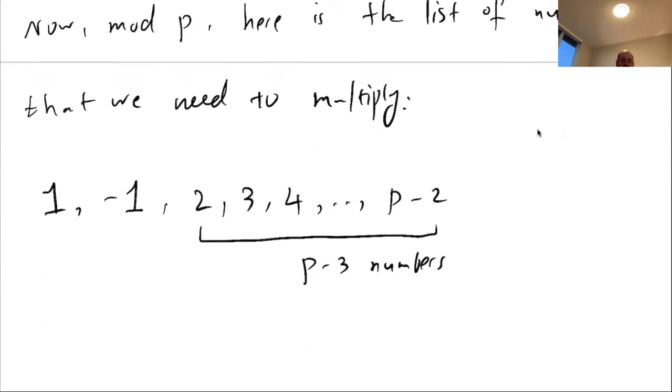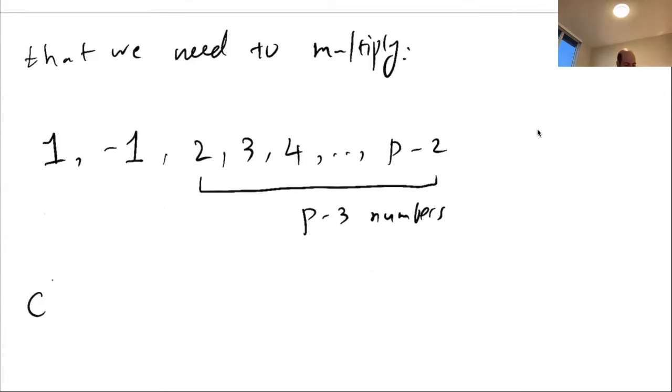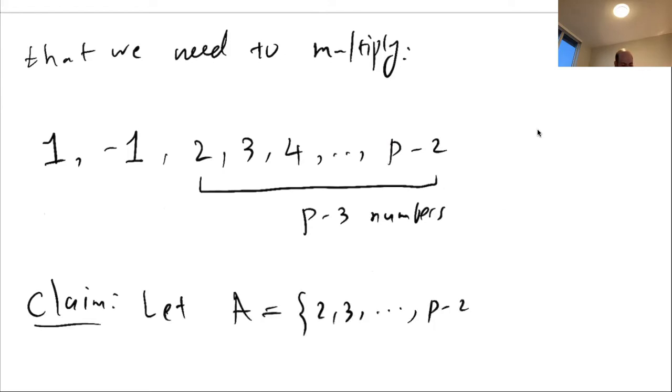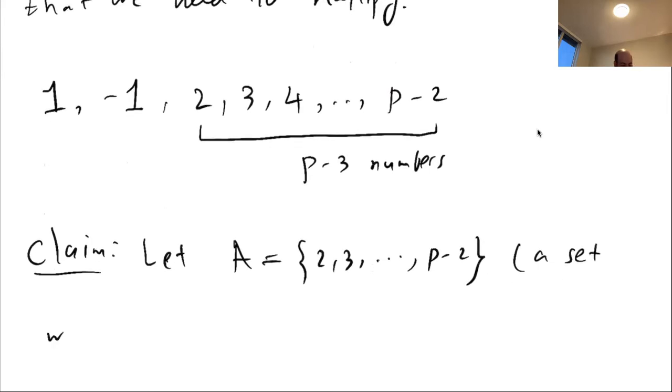Okay, so I want to say here that each of these P minus 3 numbers is going to be paired with another element in this list, and the multiplication of them will give me 1. So the claim here is, let me call this set, for example, A, which is 2 to P minus 2, a set with P minus 3 elements, right?